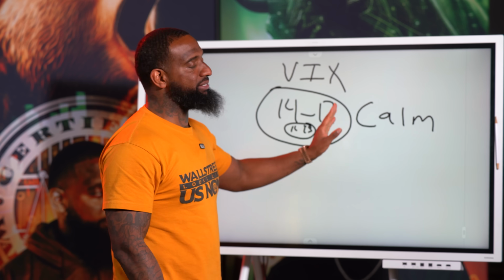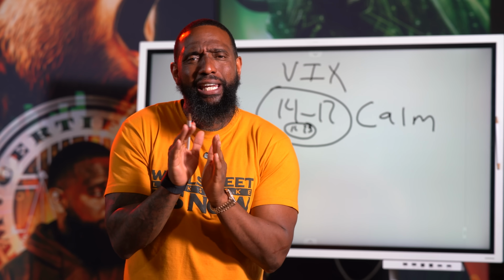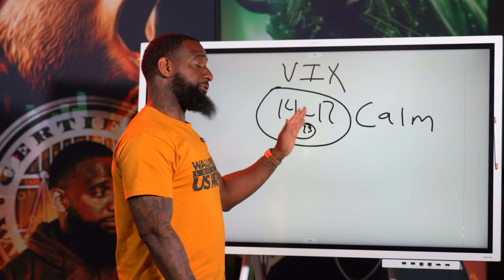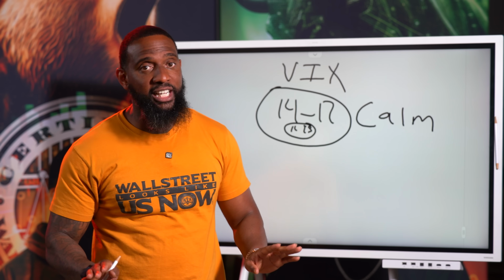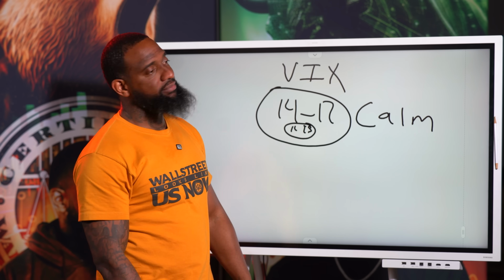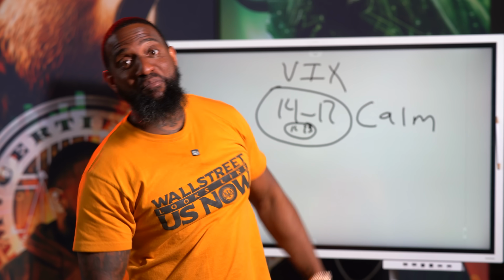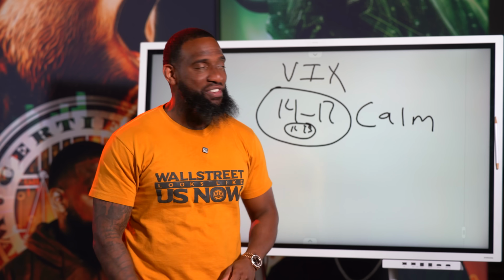Now, 16 and 17, the market ain't too excited. You may have a sell-off here and there, but nothing real crazy. 15, 14, that's pickings. Like 13, 12, somebody at the bank. You feel what I'm saying?